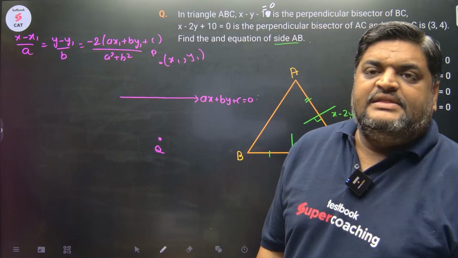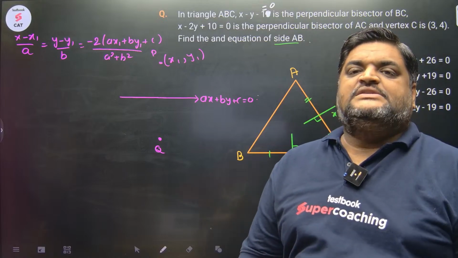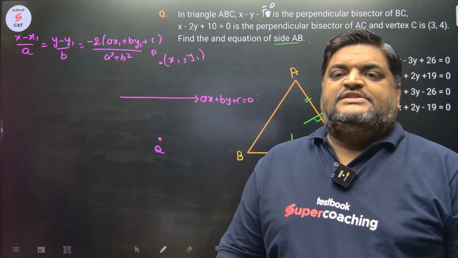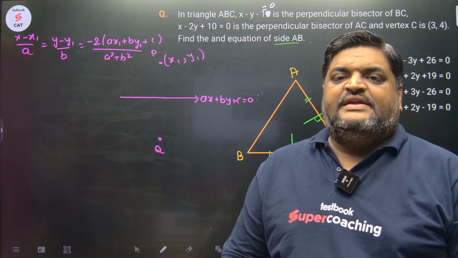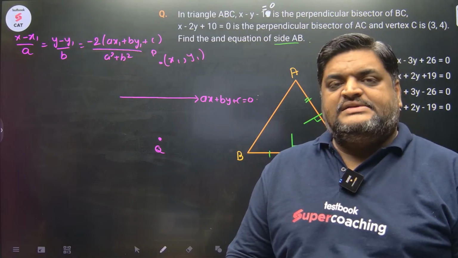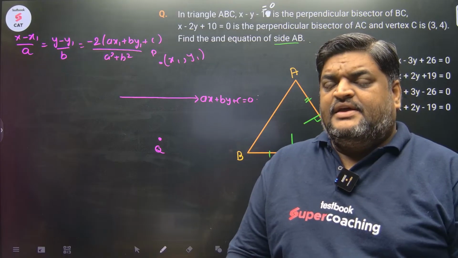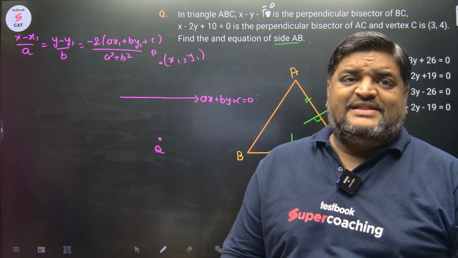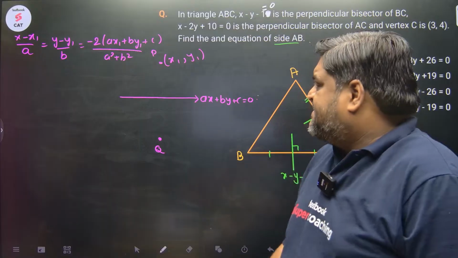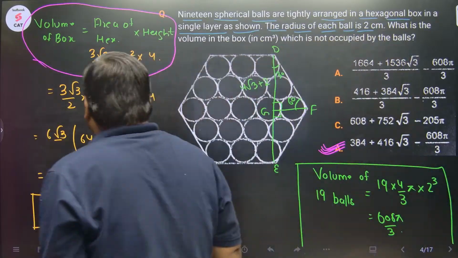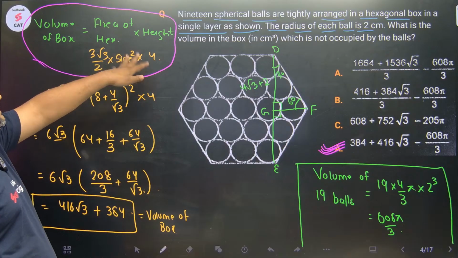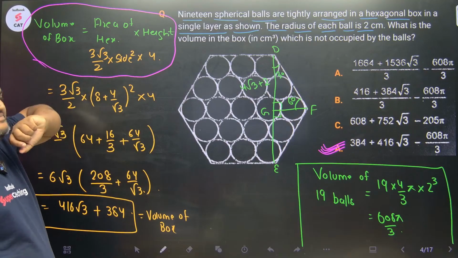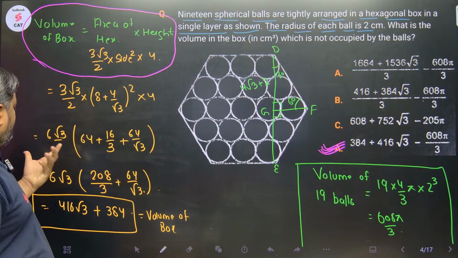Sir, in the previous question, volume of the box will be 6 root 3 side square. Very good. So chances of getting 3 in denominator is very low. हाँ, chances of getting denominator in 3 is very low, but still there are chances ना. इस क्वेश्चन की बात कर रहे हो. ओके, 3 root 3 upon 2 into side square. ओके, तो 6 root 3.